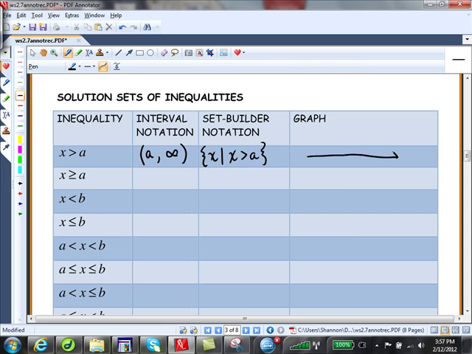And the graph would be looking like, if you had some a here, you would shade that, and you put a parenthesis here and shade the rest to the right. Okay, so why don't you try making the rest of these? Pause the movie and try making the rest of these and see how you do.